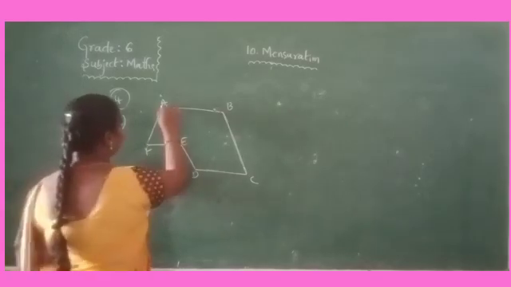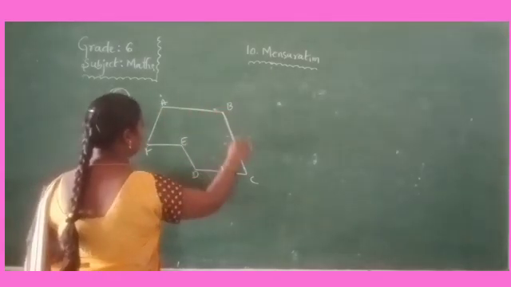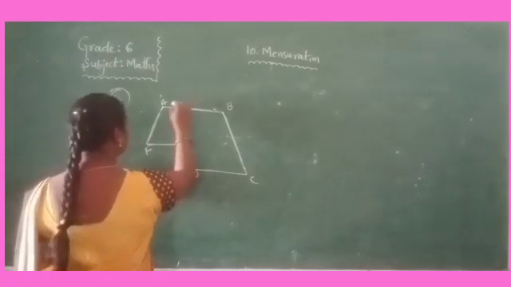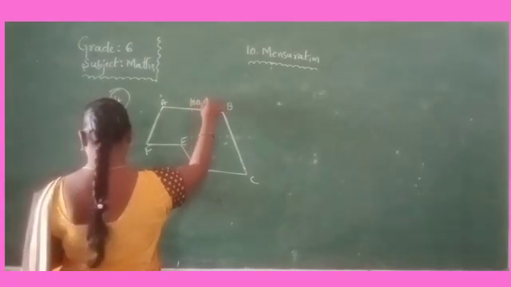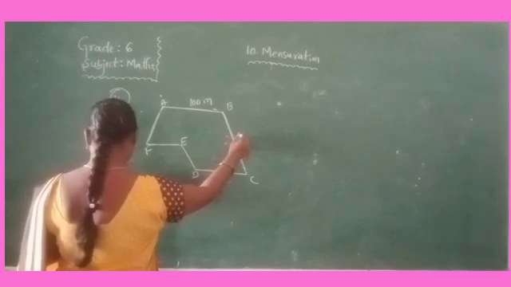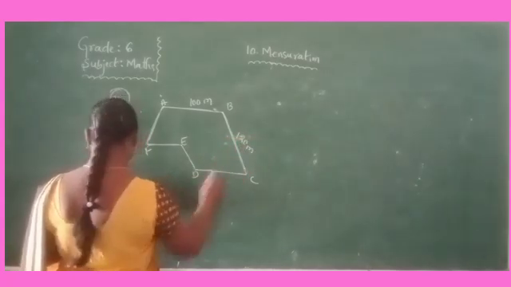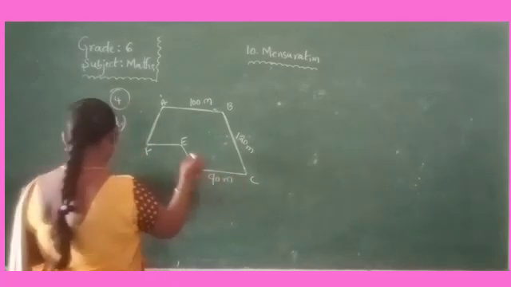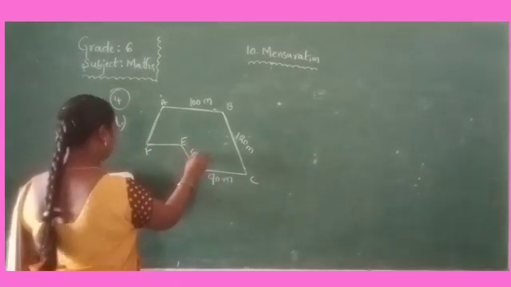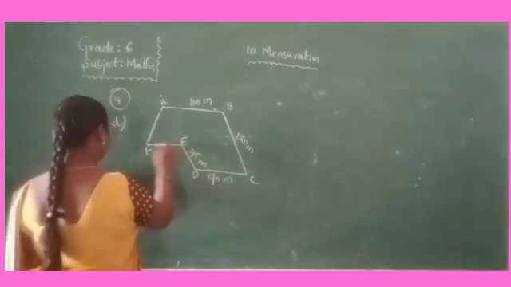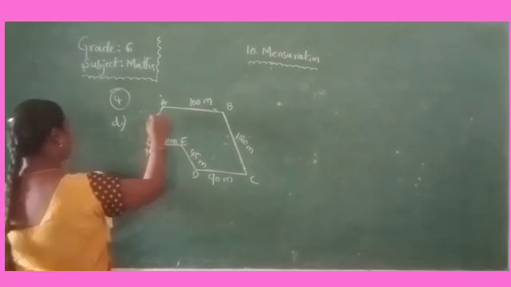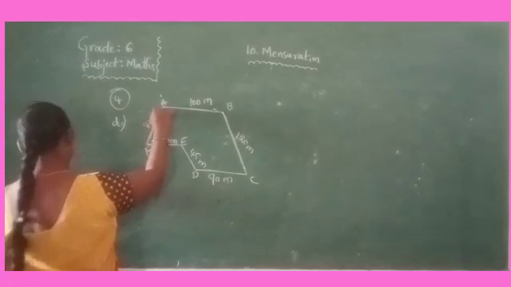Okay, these are irregular polygons. Here the length of AB is 100 meters. BC is 120 meters. CD is 90 meters. ED is 45 meters. EF is 60 meters. And FA is 80 meters.